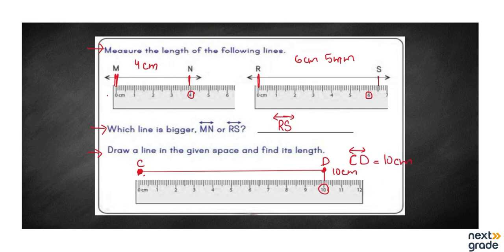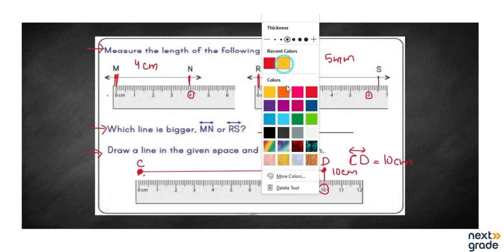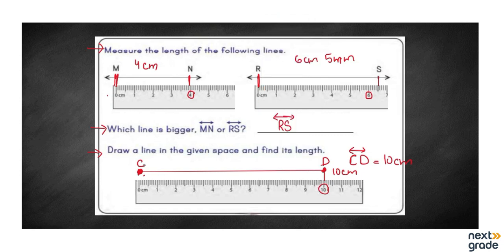Alright. Likewise, अगर मैं इसको let's draw it in a different color. Let's draw another line. Or this time I'm going to draw it over here. यहाँ से हम start कर रहे हैं and let's move.